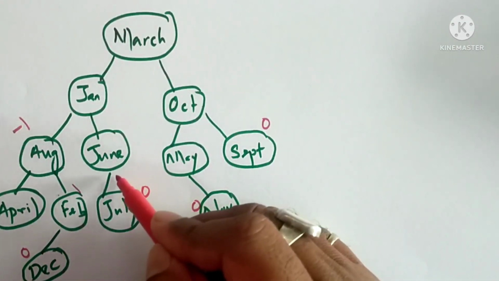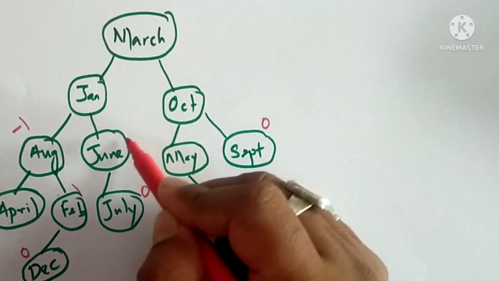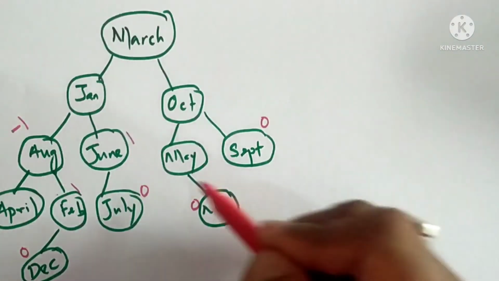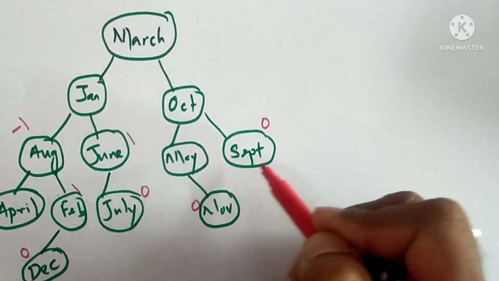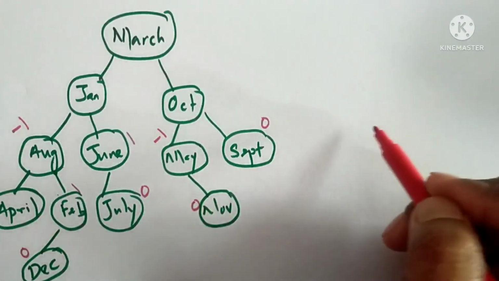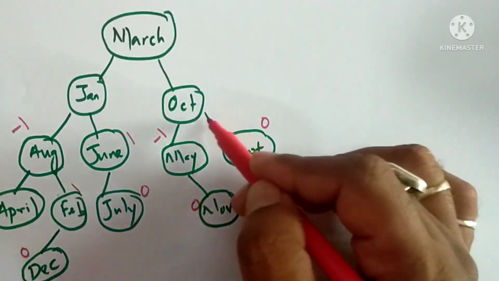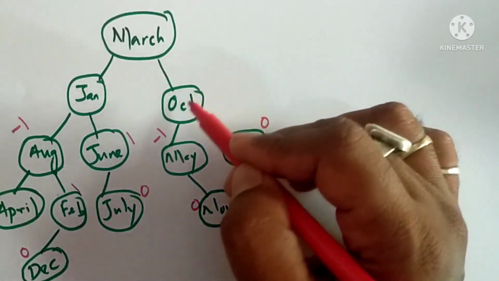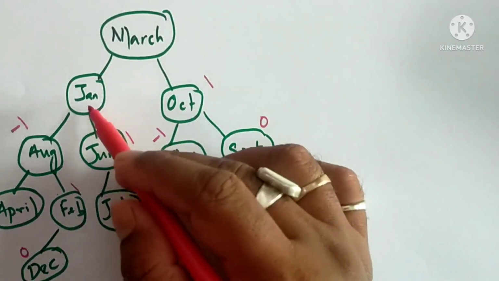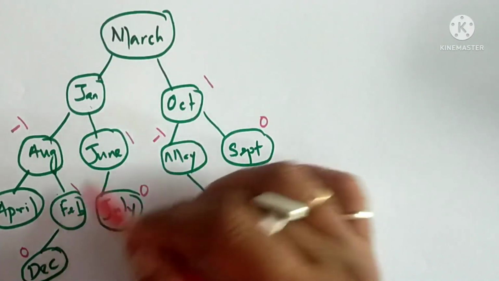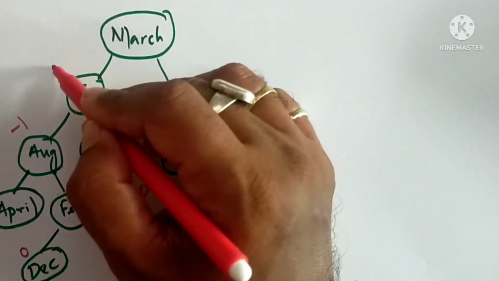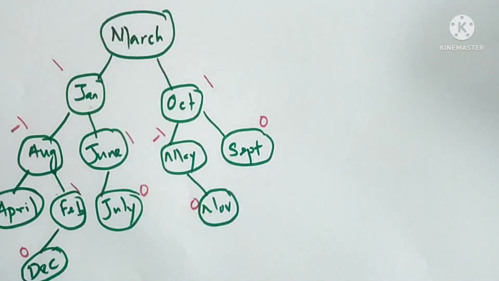June, the left subtree height is 1, there is no right subtree, so 1. May, left is 0, right is 1, so 0 minus 1 is minus 1. October, left is 2, right is 1, so 2 minus 1 is 1. January, left is 3, right is 2, so 3 minus 2 is plus 1.